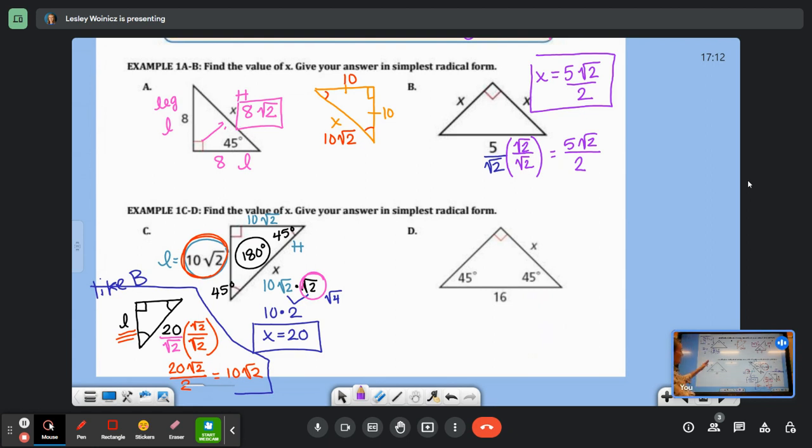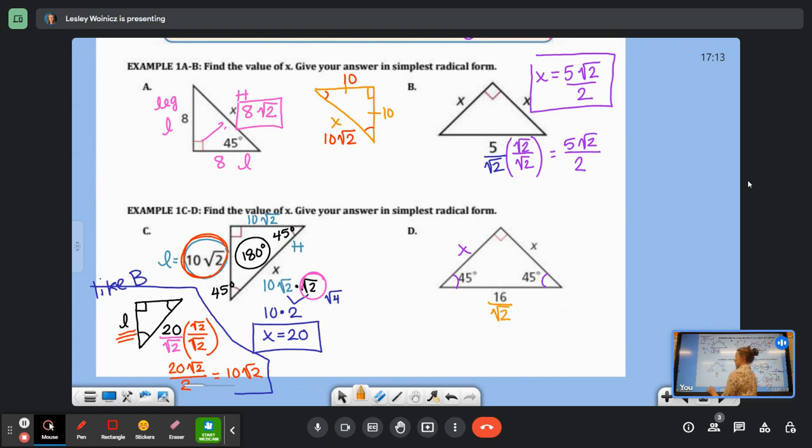Do you see here that we're given the same information? We have an isosceles right triangle where our base angles are congruent. They're both 45. So if this is x, so must this be x. It's basically the same picture, only instead of 5, we have 16. So we have to do the same thing. We have to take our 16, divide it by root 2.